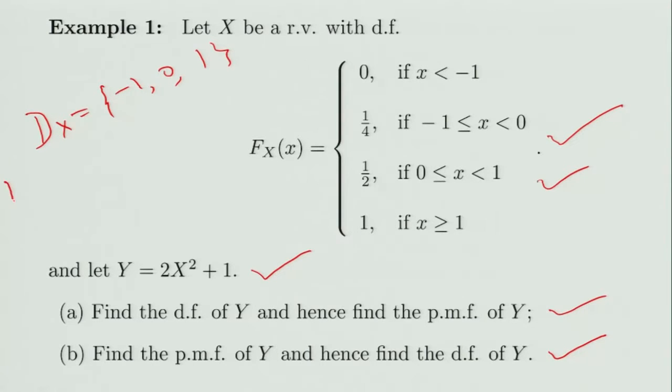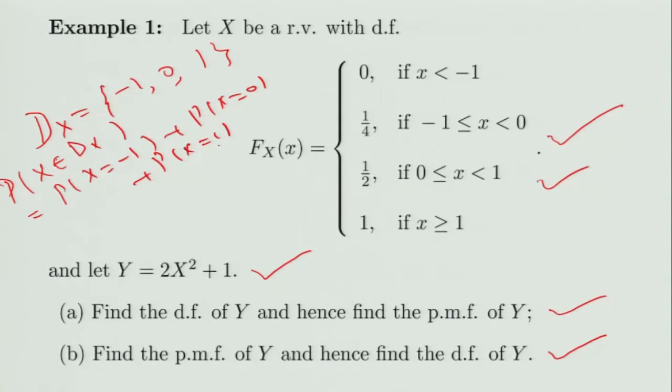And probability that X belongs to D_X would be the same as probability X equal to -1 plus probability X equal to 0 plus probability X equal to 1. And you can easily check that this turns out to be 1. So X is a discrete random variable with support -1, 0, 1.